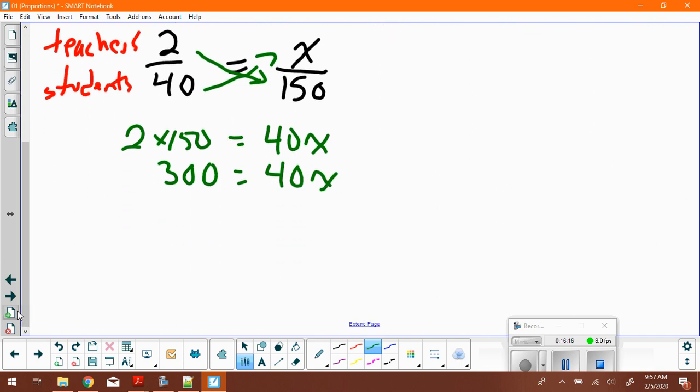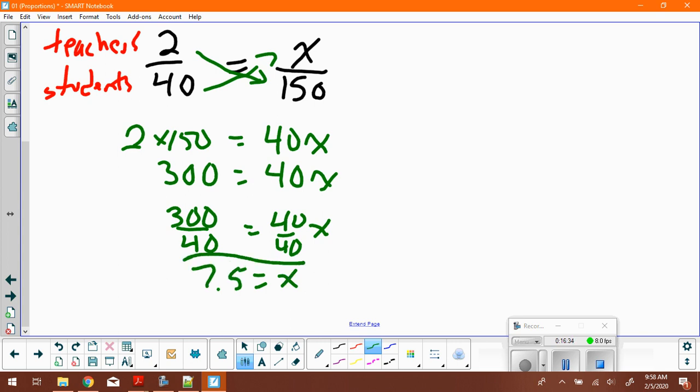My final step is to divide both sides by 40. So I have 300 divided by 40, and 40X divided by 40. So I have X, and 300 divided by 40 is 7.5. That's my final answer, 7.5.